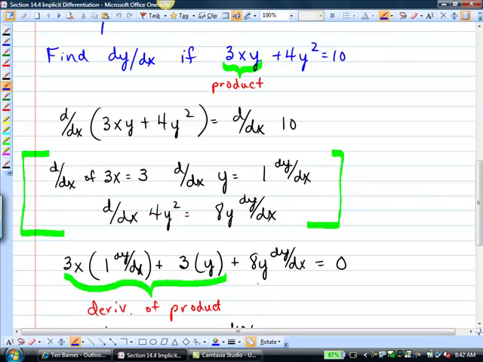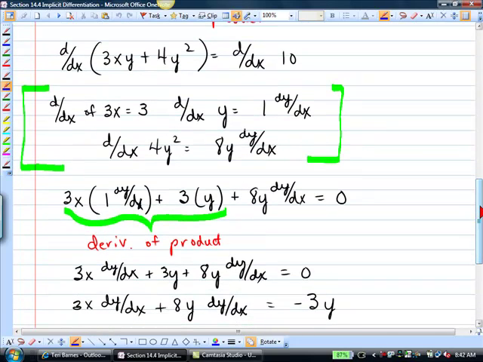So in that line, all I did was take each derivative, which I had done here. I just plugged them in. Everybody okay with that so far? Here, all I did was multiply these and multiply these. So I didn't multiply those. So I have 3x dy dx plus 3y plus 8y dy dx. I'm just multiplying, distributing, whatever I need to do.